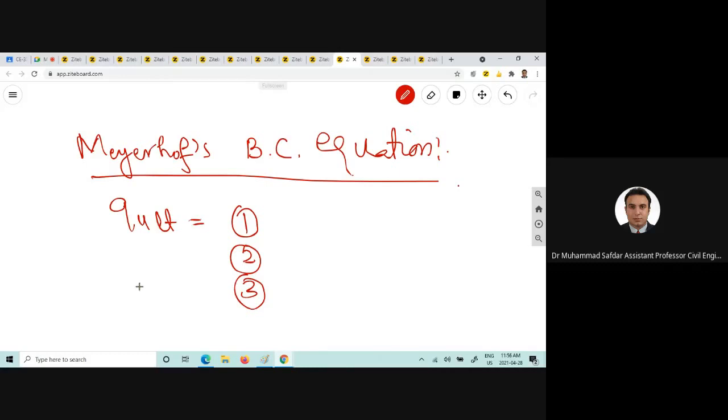Use all these bearing capacity factors, shape factors, depth factors, inclination factors, and I need the ultimate bearing capacity of that soil.